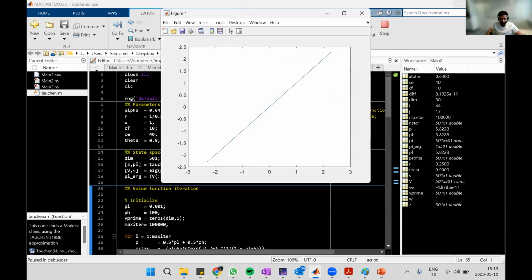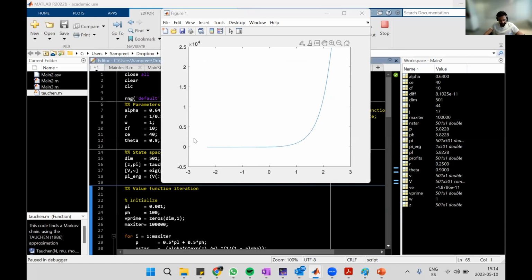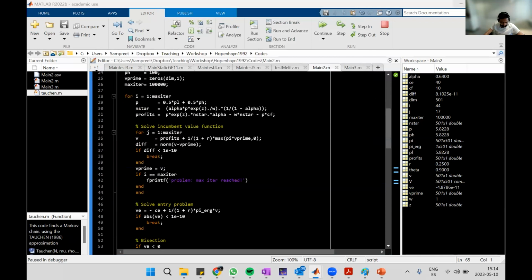On the x-axis I have the productivity, on the y-axis I have the value of the firm. You can see that it is increasing convexly. This is the graph that I was showing you in the slides.